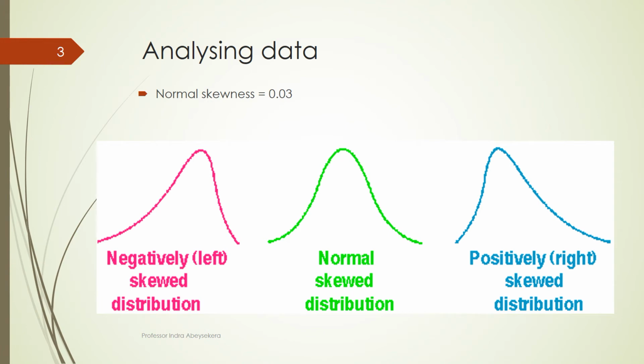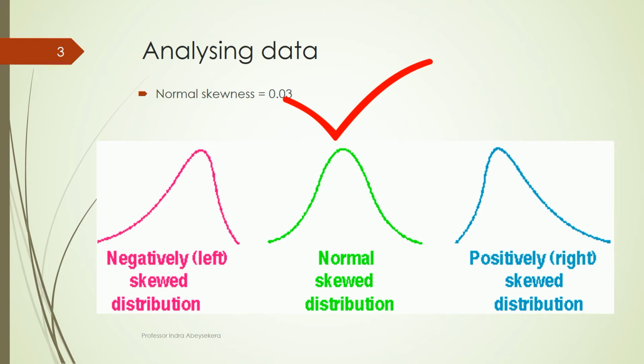And then there is another situation, where there are very few on the right side, or extremely high values, and lots of the values congregate towards the left side. So there are normal, negatively skewed, and positively skewed populations.